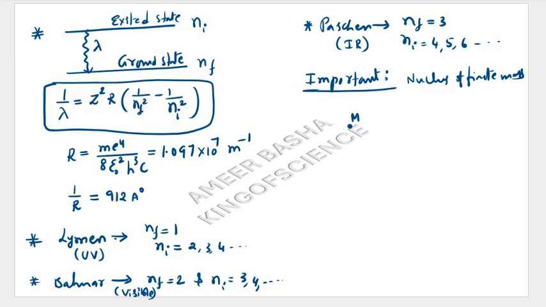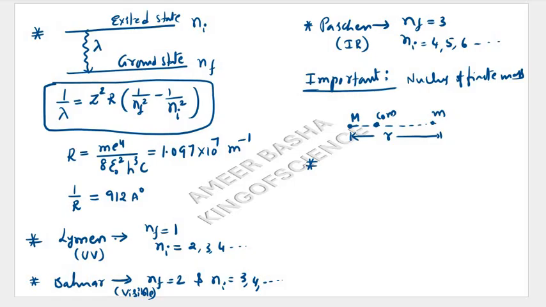But sometimes the nucleus is also in motion. So when the masses are comparable, then what will happen? The system will rotate about the center of mass. So let's say the separation between them is again some r. In this case, what will be changed here? Everything will be the same. The angular momentum part will change.